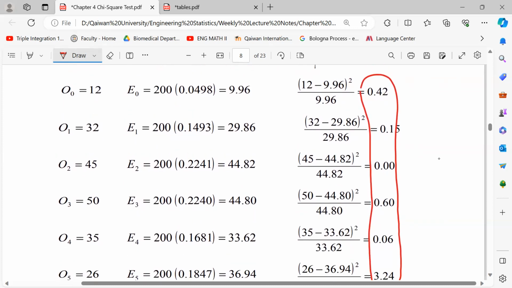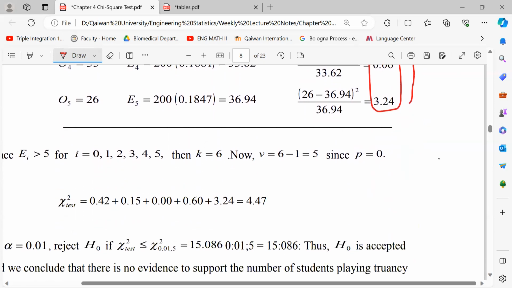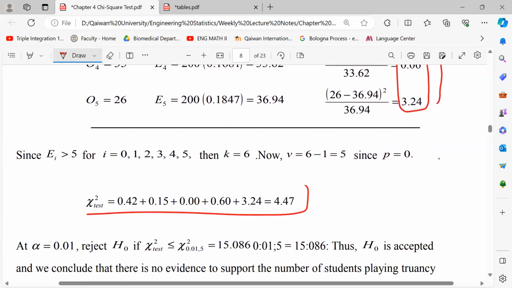The chi-square test is the sum of these values: 0.42 plus 0.15 plus 0 plus 0.60 plus 0.06 plus 3.24. The sum of these all is the chi-square test, which is 4.47.